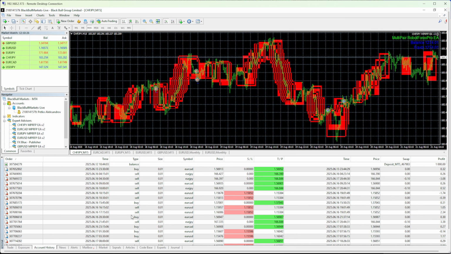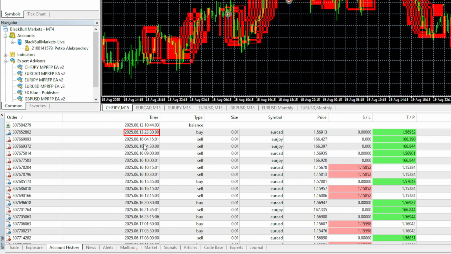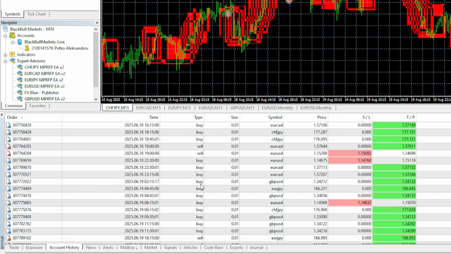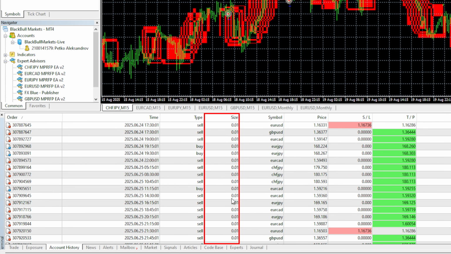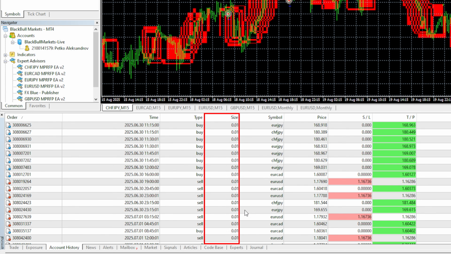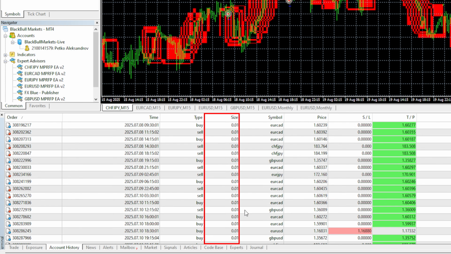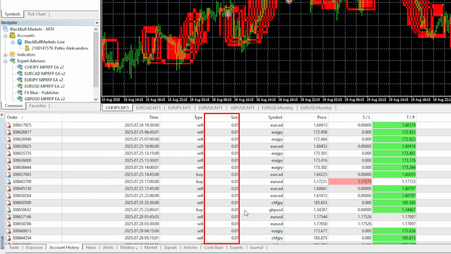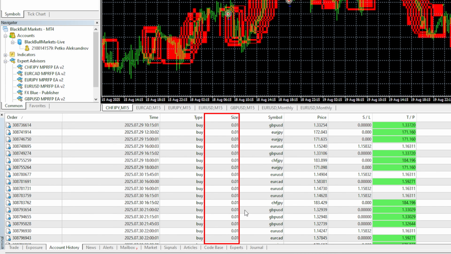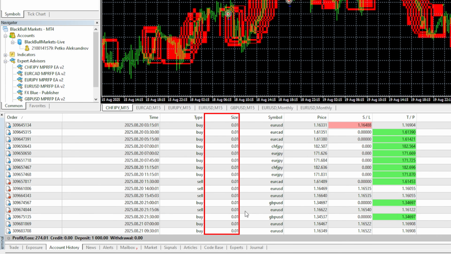I started this account on the 13th of June this year, and until now we're almost at the end of August, you will notice that all trades opened with 0.01 lot in this $1,000 live account. It's not increasing the lots at any moment. You can see plenty of trades that open and closed, and profit is $274, which is above 20%.